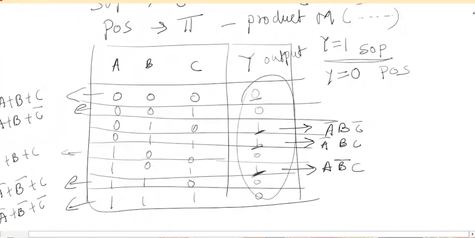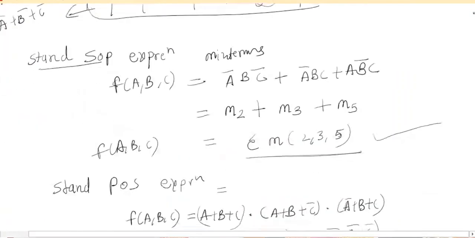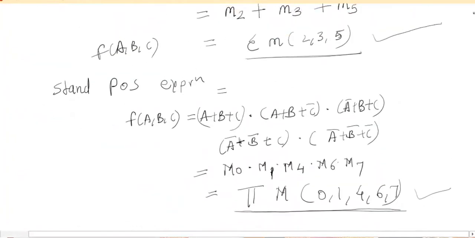Input combinations are the same, but the output is going to change. Clear? So if the SOP and POS expressions are derived from the same truth table, then I can say that the SOP and POS functions are logically equivalent. They are complements of each other. They have a complementary relationship between each other.